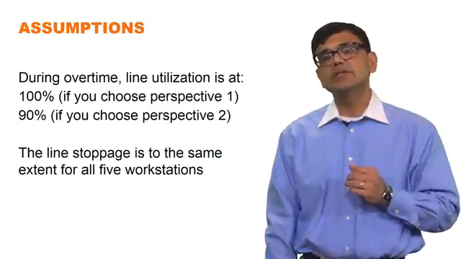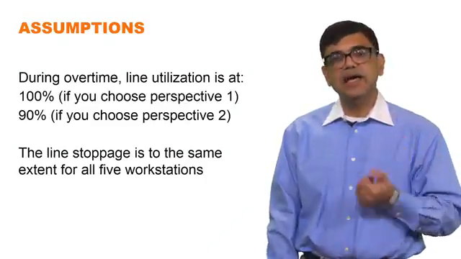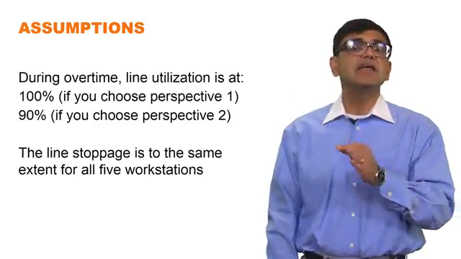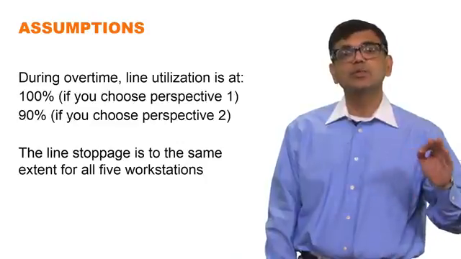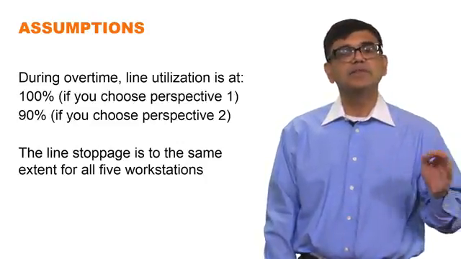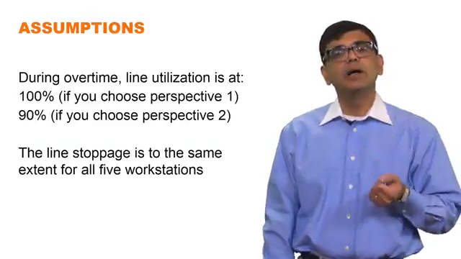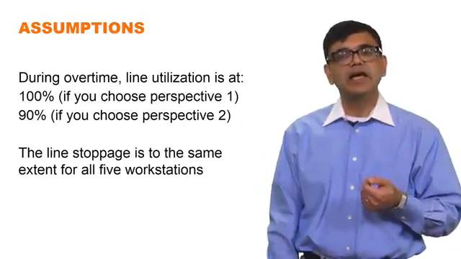The second assumption that you may or may not have thought about is that the line stoppage is to the same extent, that the balance that we had in the line continued during overtime, and that the line stoppage was also the same extent in terms of the balance. So the line stopped equally for everyone who is working in that assembly line.